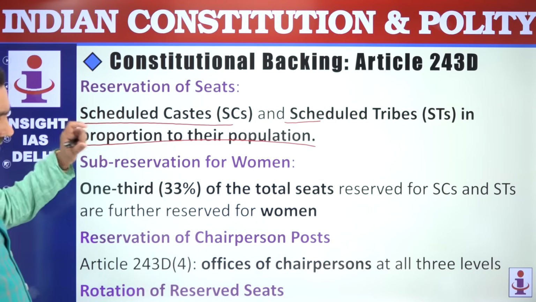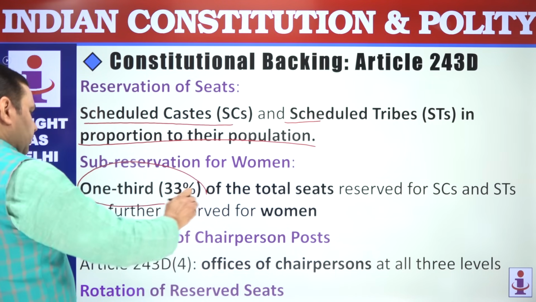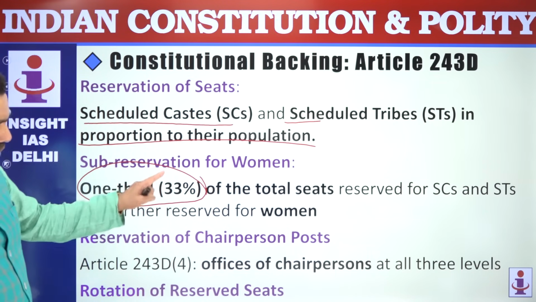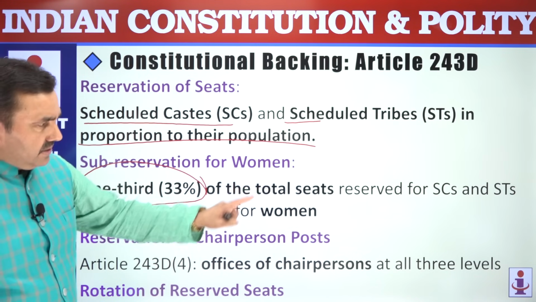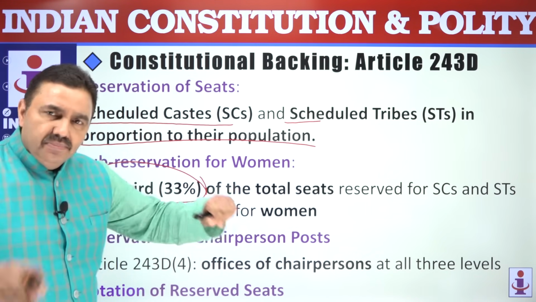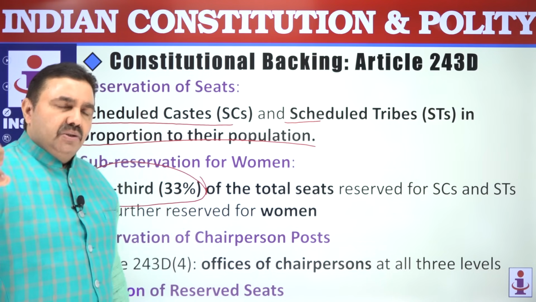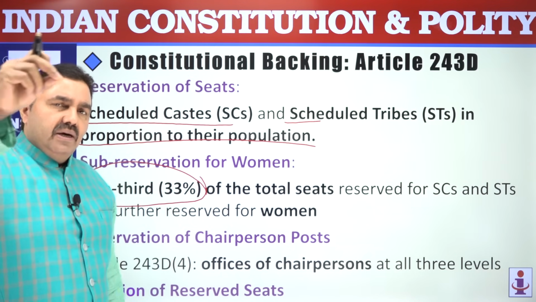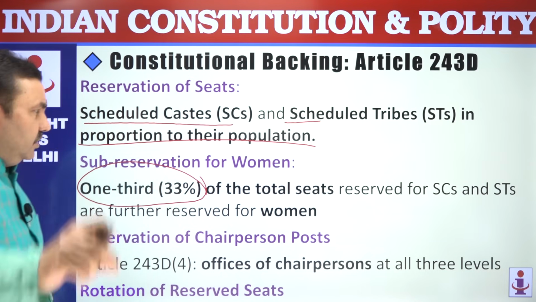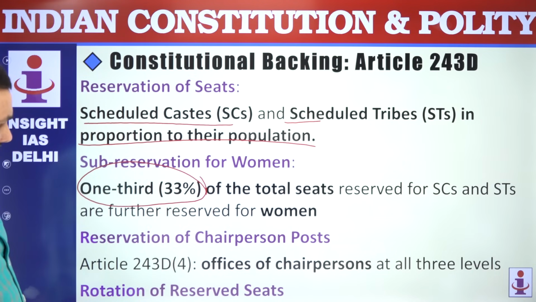And within that reservation of SC/ST, there is one-third reservation for women of those categories. So 33% of the seats allotted to SC/STs are reserved for women. So there is internal reservation for women within the reservation given to SCs and STs.